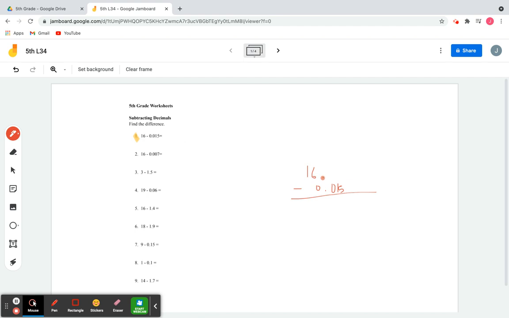So I'm going to write the decimal point and then put zeros here. It's the same as 16.000, and that's why we didn't write zeros. But then we need zeros to subtract these numbers from 16, so we're going to write zeros here. So they're acting like placeholders, okay?